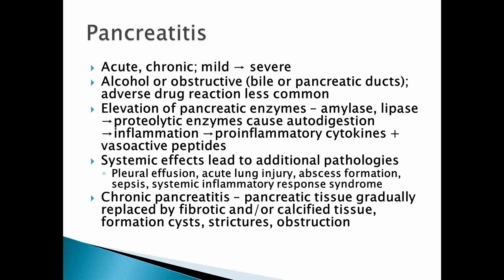If you would tap this pleural effusion, then you would find that it would be bloody. It would have lactic dehydrogenase. It would have amylase in it. The second pulmonary complication that can occur is an acute lung injury. Again, think about this inflammatory process. Additional complications can include a pancreas abscess formation.